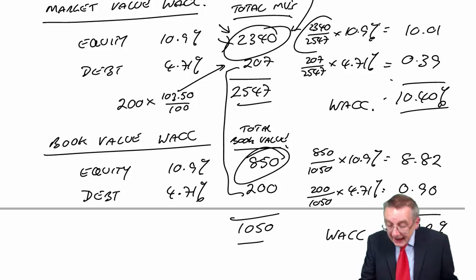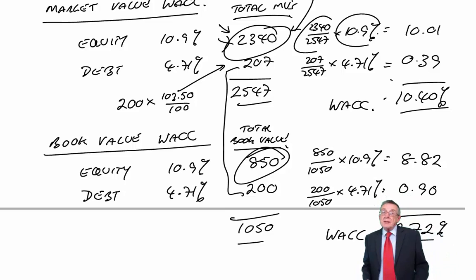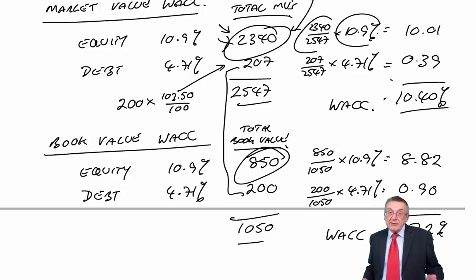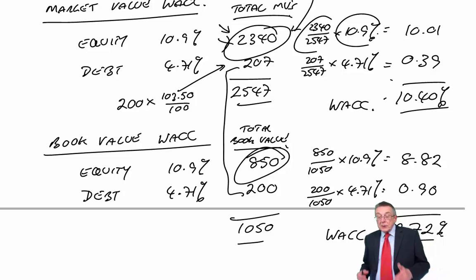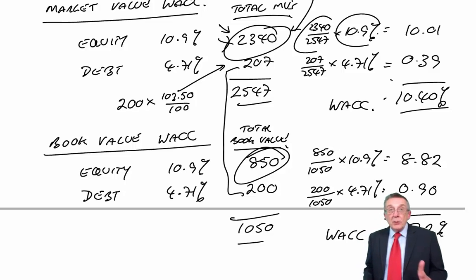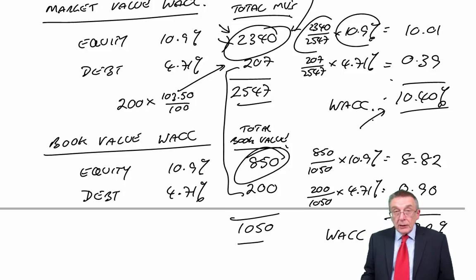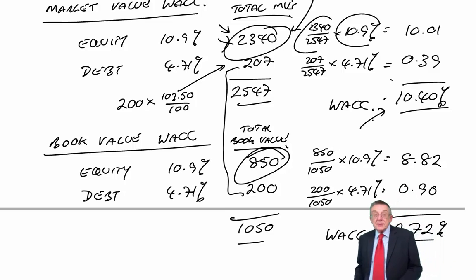And of course, you'd always find the cost of equity will be more expensive than the cost of debt. And so using market values will almost inevitably give a higher weighted average, while book values will give a lower weighted average.